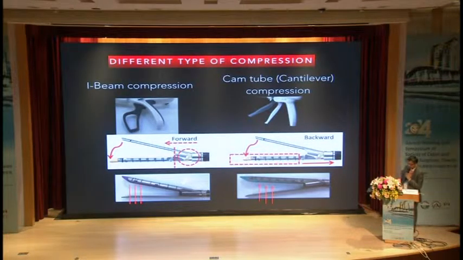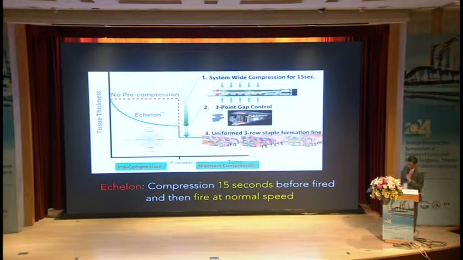But in the Echelon design, it's called cam-tube compression. The bottom jaw moves backward and the upper jaw is pushed down to the bottom jaw. It keeps similar compression stress from the proximal to the distal side at the time of the jaw close. So it's different.